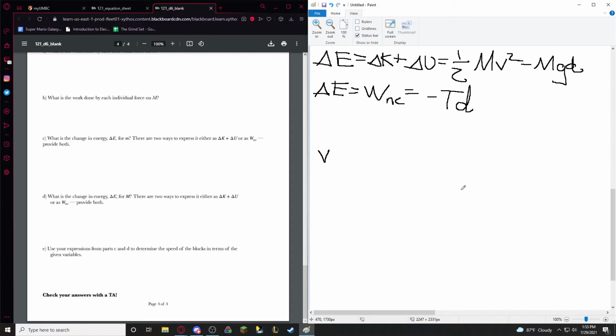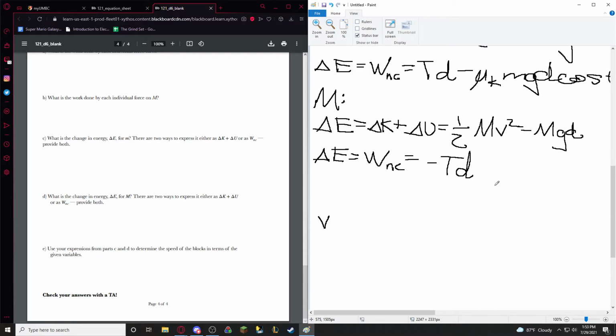So let's write down all our equations here that involve V. We could use the kinetic energy equation, and then the potential energy.